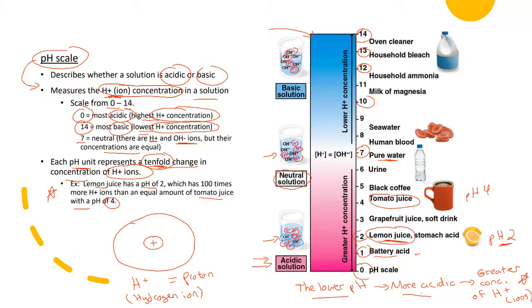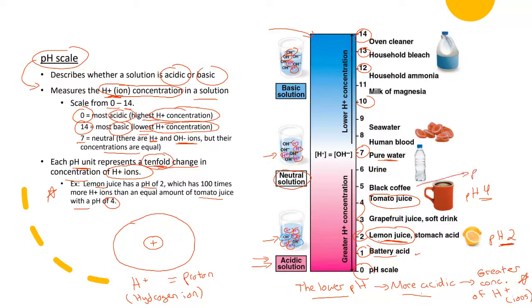Well, a pH of 2 is going to have 100 times more hydrogen ions than a pH of 4. Why? Because every single hop is by 10. It's tenfold, so it's not going to be 20. No, it's going to be 10 times 10. Does that make sense?